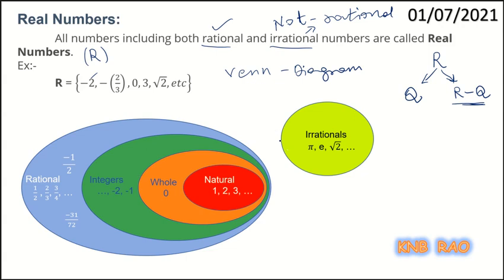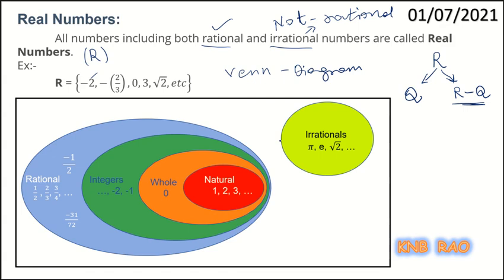Okay. Now, these put together, this is real number set. So, try to understand, real number set is the collection of rationals and irrationals put together. Okay. These irrationals are outside of this rationals.